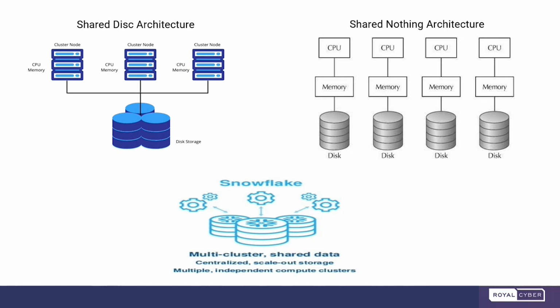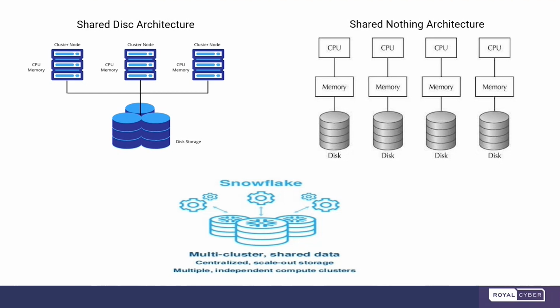But the problem with the shared architecture is that it has a single point of failure, which means that if one thing goes down, it will fail the system. Another problem is that with intensive workloads, even if we add more nodes, the workloads will consume a significant share of bandwidth and will compete for the same resources, which will in turn slow down the system.